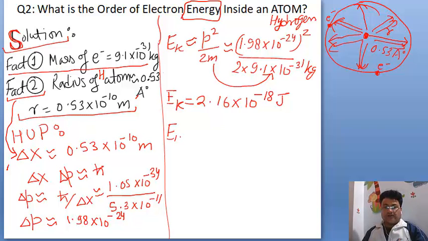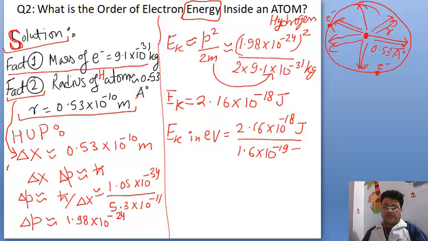In electron volt, it would be 2.16 into 10 to the power minus 18 joules divided by 1.6 into 10 to the power minus 19 joule per electron volt. So the kinetic energy of the electron comes out to be 13.5 electron volt.